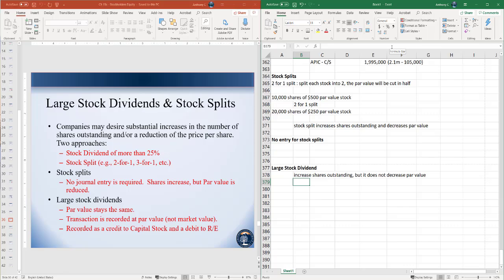So we'll debit retained earnings and credit the capital stock and APIC, or actually, since we're just recording it at par value, we'll just debit RE and credit common stock for the par value. Similar to a small stock dividend, we're still transferring amounts from RE to our paid-in capital accounts.